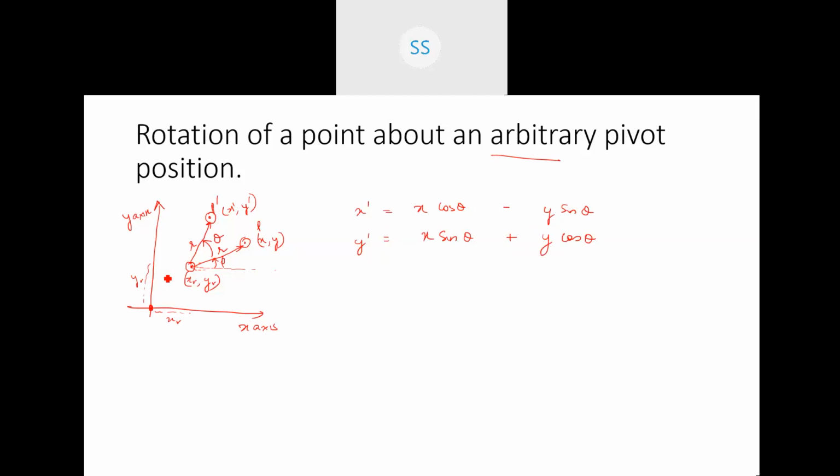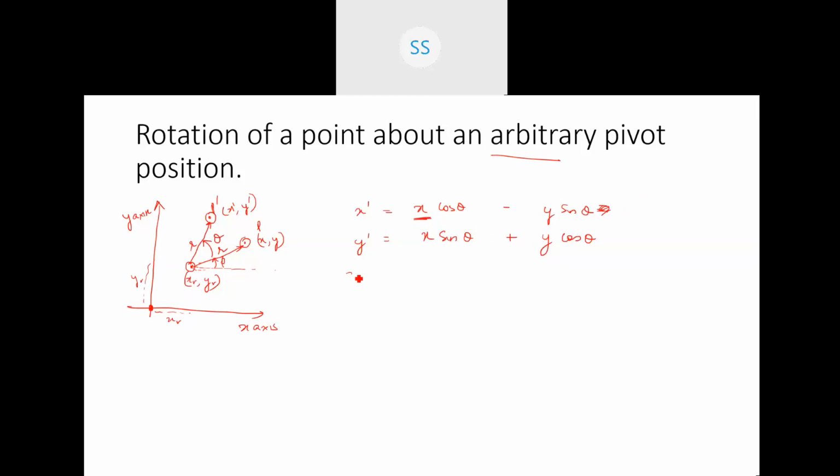Now, when it has been shifted to the position (x dash, y dash), what was the value of x? Let us write it in detail. What was my x? If you remember, it was r cos phi.